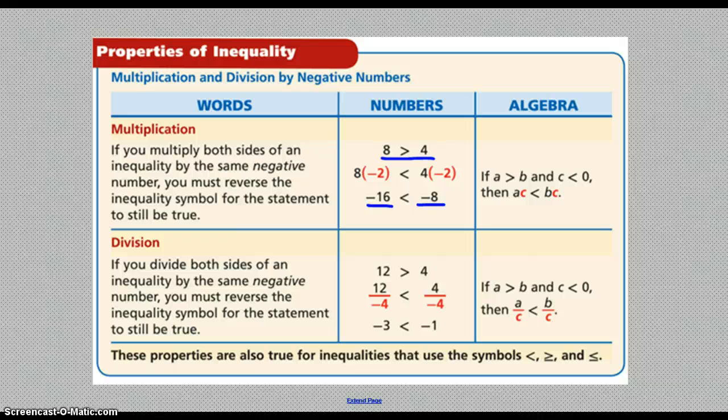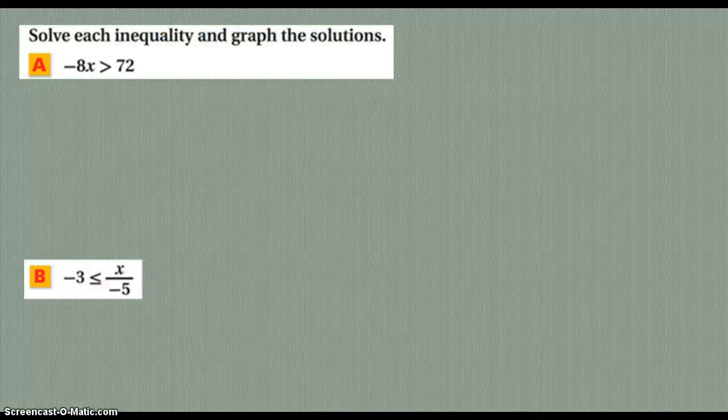Well, negative 8 is now the larger of the two, and you can see that when we multiply by a negative, the signs have to flip. Same thing on the bottom if we were to divide by a negative number. So 12 divided by negative 4 gives me negative 3, and 4 divided by negative 4 gives me negative 1, but the sign has to flip around.